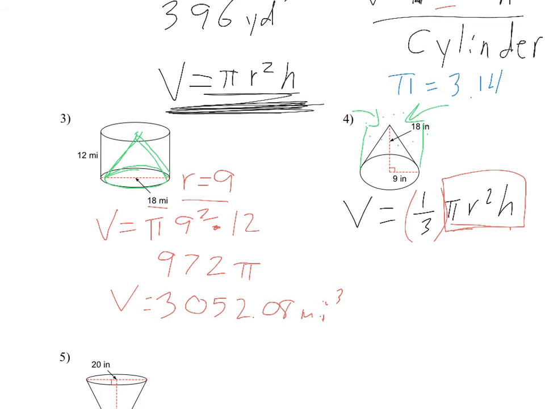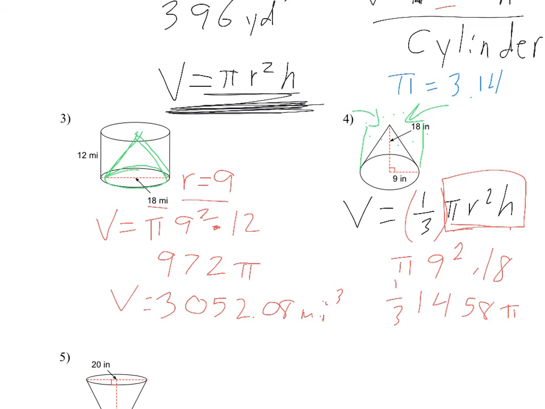So it's pi times 9 squared times 18. Okay, so 9 squared is 81. Times 18 is 1,458. And then it's still times pi. And then technically that 1/3 is still out in front.